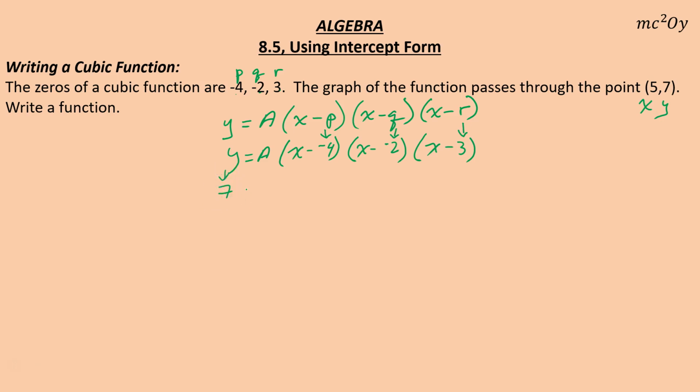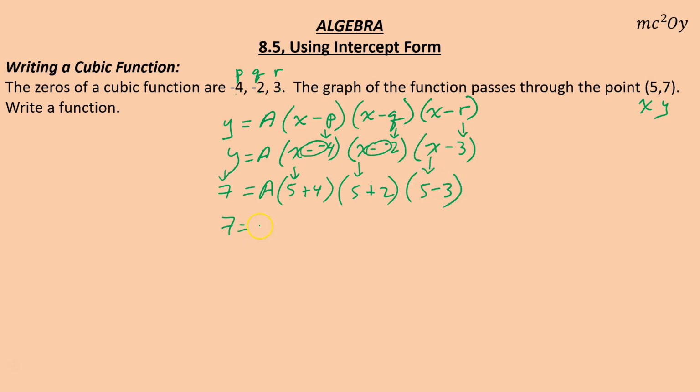I usually substitute in parentheses. So a times 5 plus 4, two negatives, and 5 plus 2, and 5 minus 3.